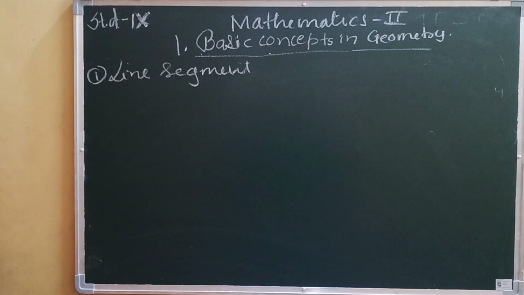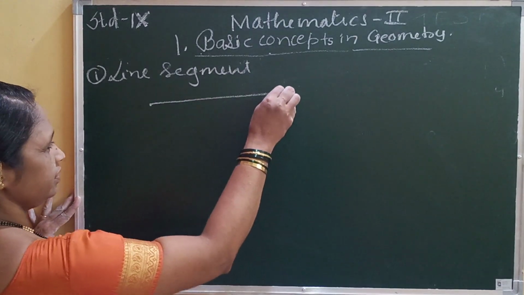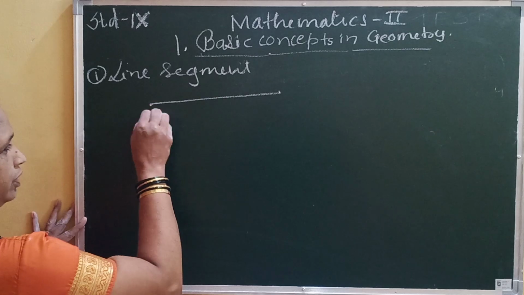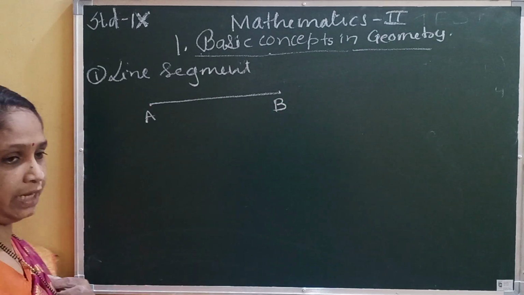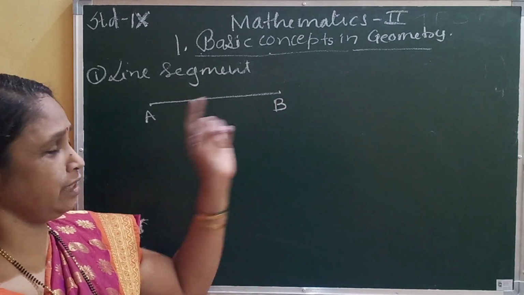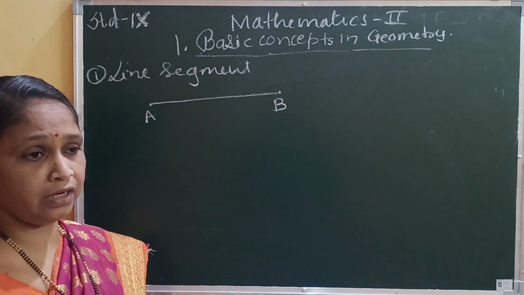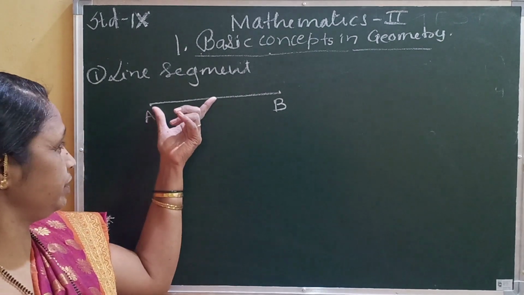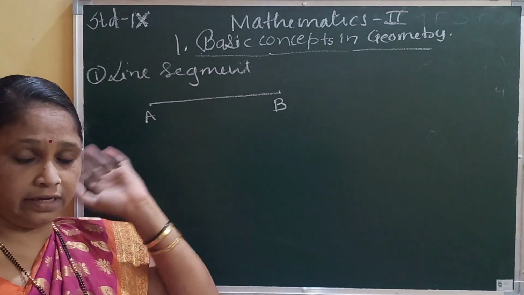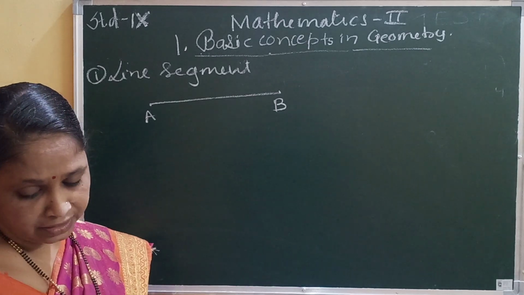See how we can draw the line segment. This we call a line segment. If we give this the name AB, then AB is called a line segment, and A and B are also called the terminal points. So the distance between A and B is called the line segment.